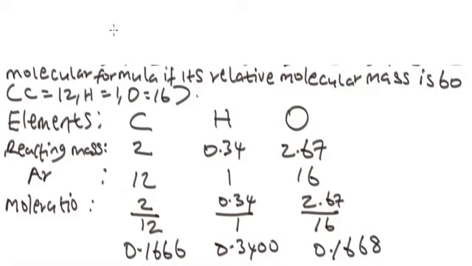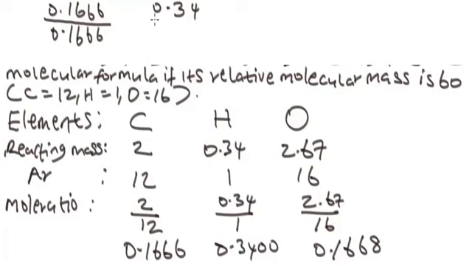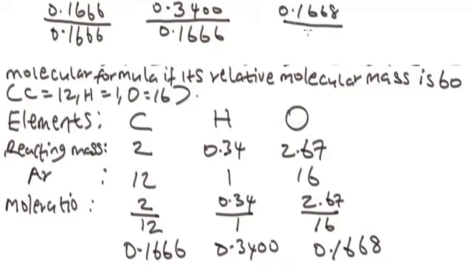So we divide through by it: 0.1666 over 0.1666, then 0.3400 over 0.1666, then 0.1668 over 0.1666.